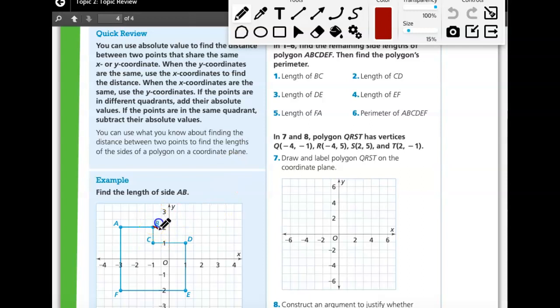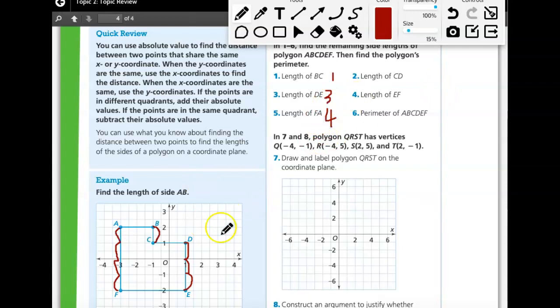So that's only 1 unit. DE. So that's 1, 2, and then 3. So that's 3 units. FA, F and A. So I'm jumping 1, 2, 3, 4. So that's 4.